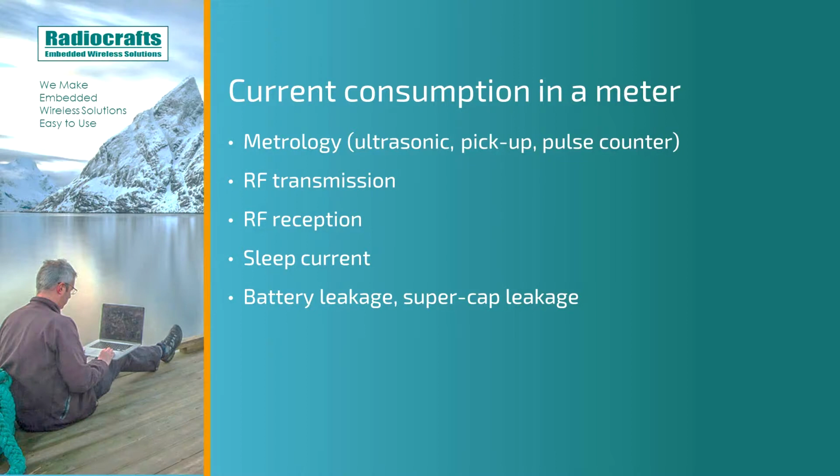Then we have the RF transmission. We have the RF reception, if this is a two-way system. We have the sleep current, and we have the battery leakage, or the leakage in a supercapacitor. And do note that in wireless M-Bus, most of the time the radio transceiver is actually in sleep mode.